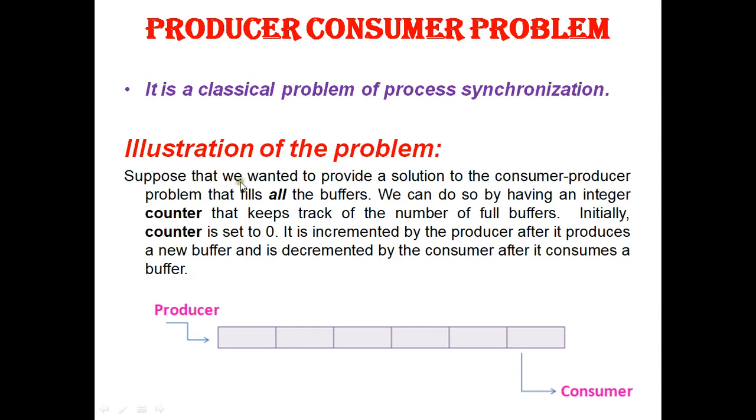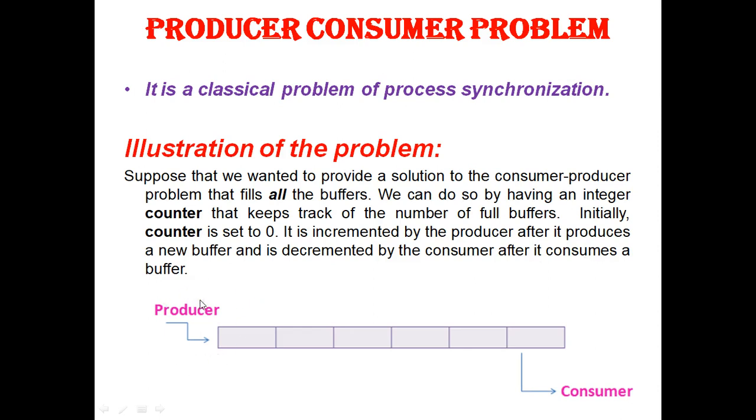Suppose we wanted to provide a solution to the producer-consumer problem that fills all the buffers. We can do so by having an integer counter that keeps track of the number of full buffers. Initially the counter is set to 0. It is incremented by the producer after it produces a new buffer, and is decremented by the consumer after it consumes a buffer.